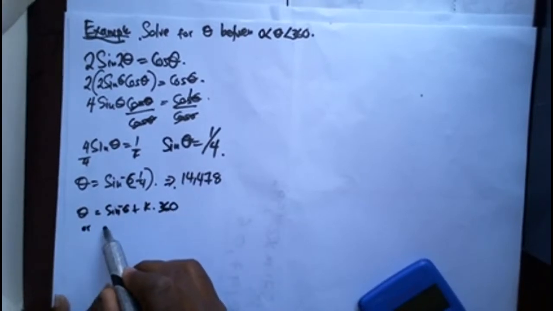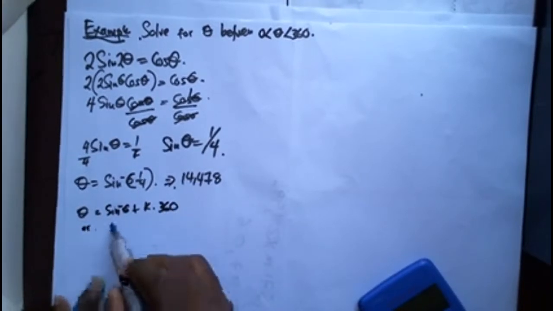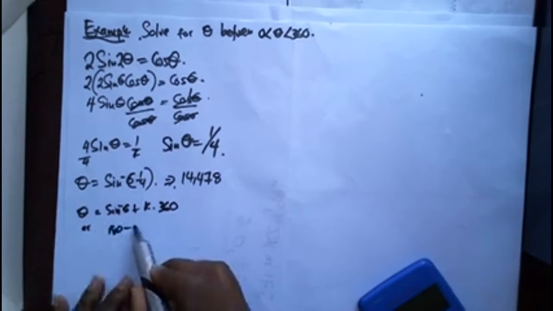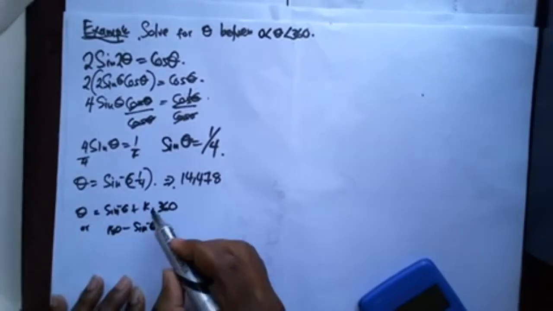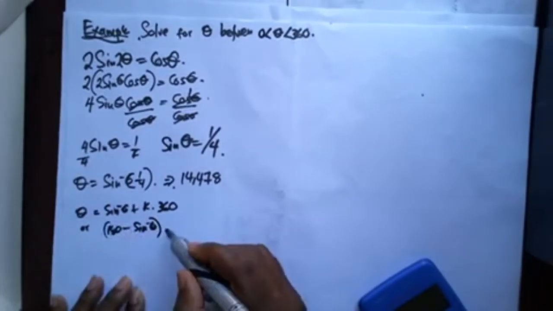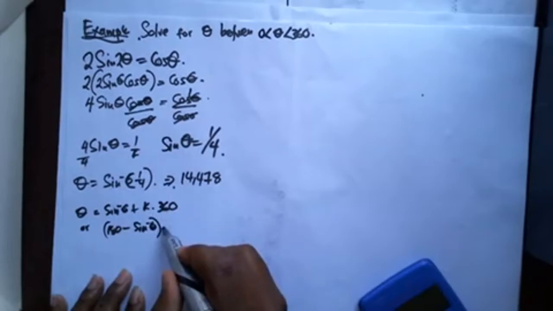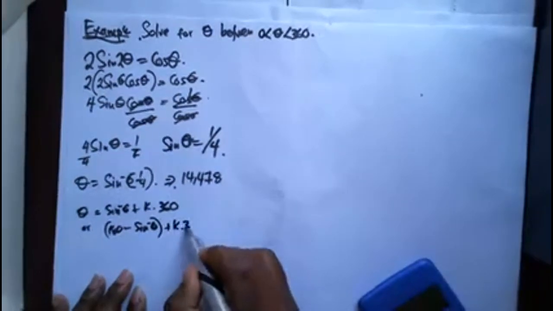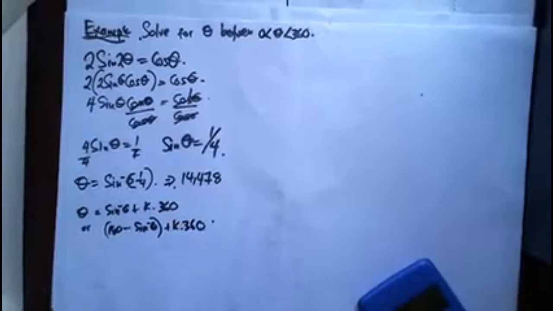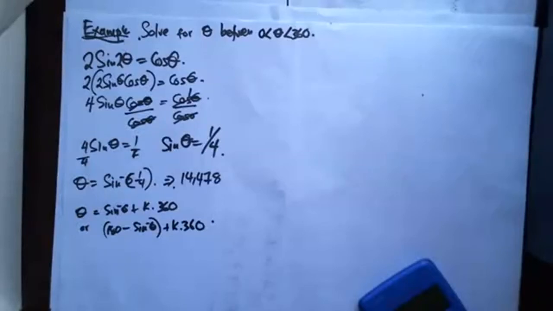Or we can get it by saying 180 minus shift sine, whatever shift sine we have here, plus k times 360. So I'm going to quickly use this one that we have here. I'm going to stop sharing now so that we can see that one.